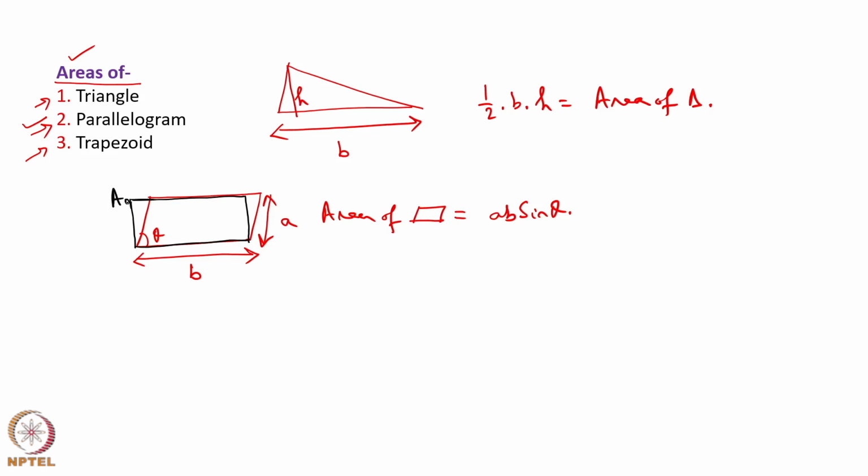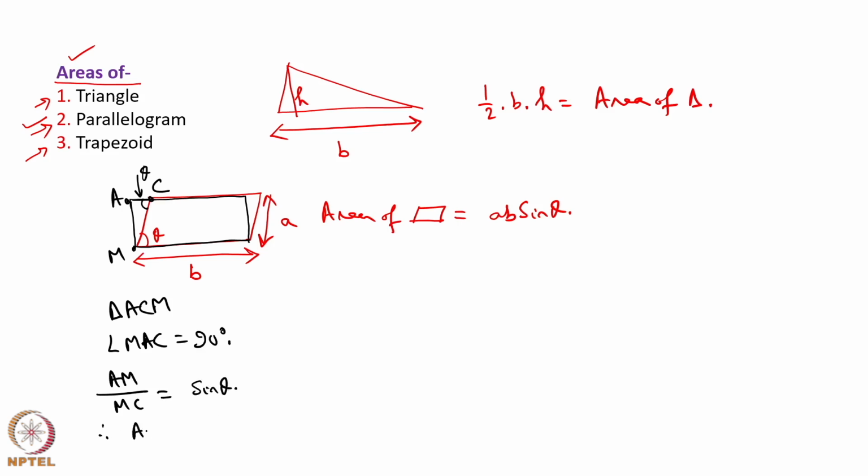Say this point is A, that is M and that is C, then this angle is theta. In the triangle ACM, angle AMC is equal to 90 degrees and we can write AM by MC is equal to sin theta. Therefore, AM length is equal to MC sin theta.